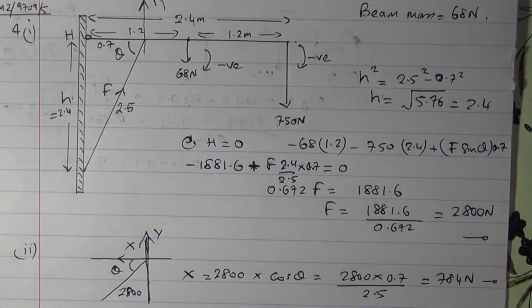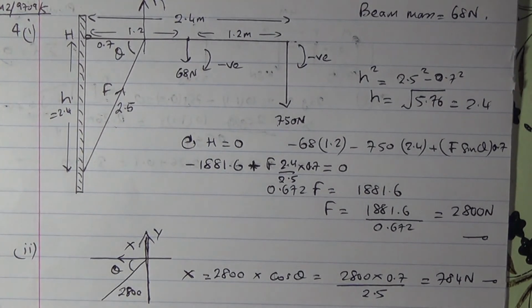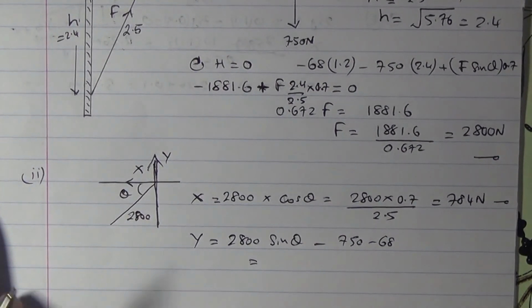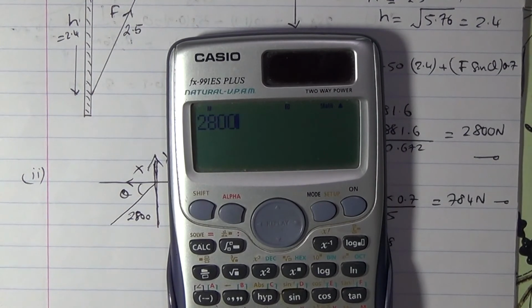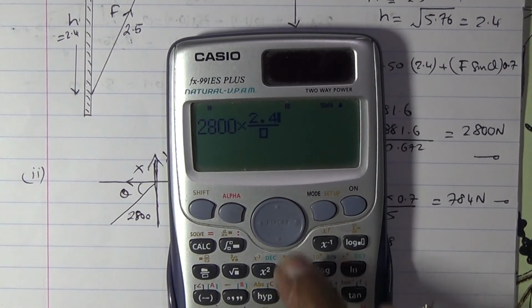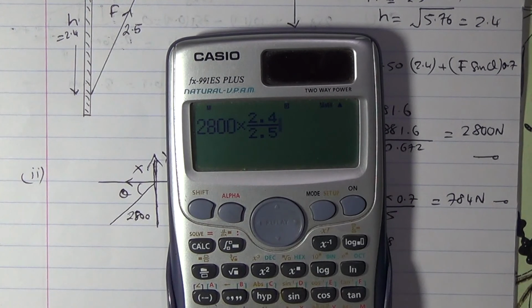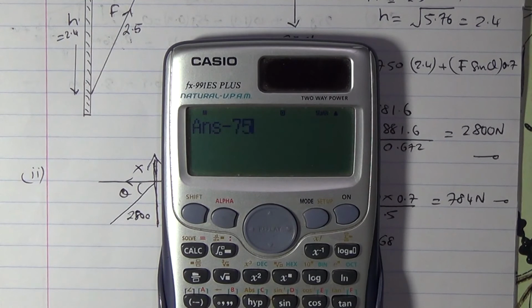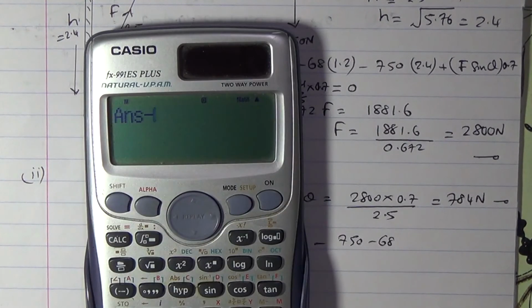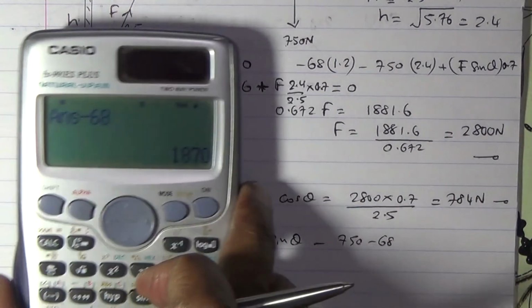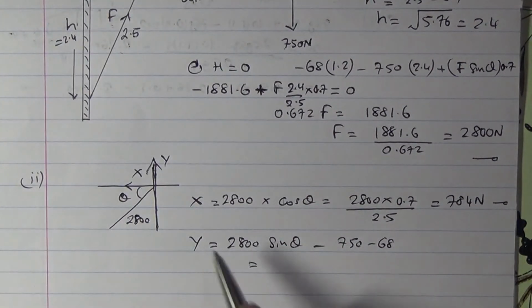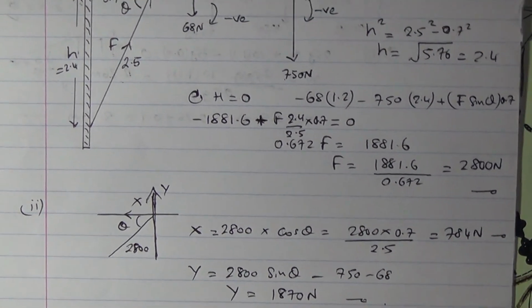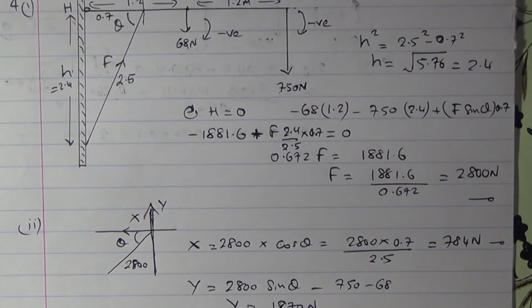And that's going to give us the Y component. So 2800 times the sine of that, the sine is 2.4 over 2.5, then take away 750, take away 68, and we get 1870. So the Y component turns out to be 1870 newtons. Here we are for this question. Take care. Well done.